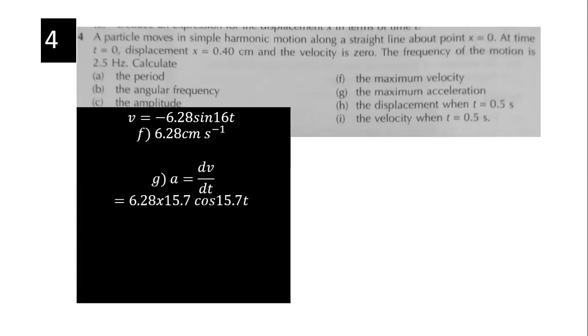Differentiate it. The negative is still there, but we are not interested in the negative sign anyway. We are just interested in this value. The amplitude is the maximum value. If you use cm, then the answer should be in cm.